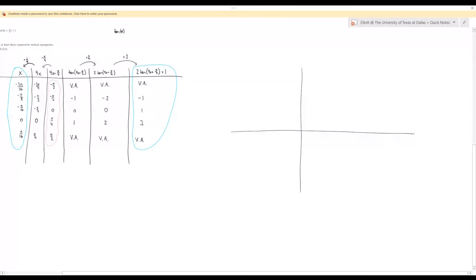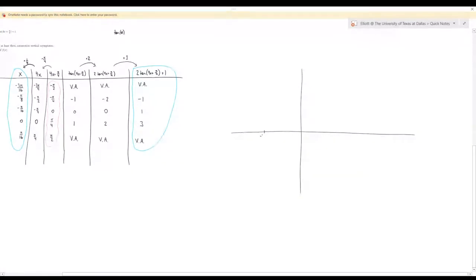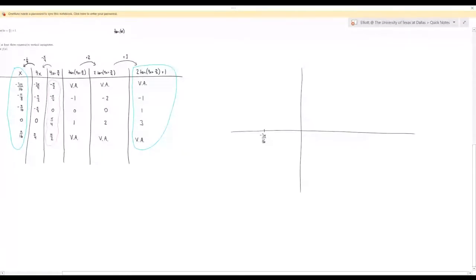Okay. So let's see here, at -3 pi over 16, which I'll just mark out here maybe, we're going to have a vertical asymptote. And then let's see, we've got a minus pi over 8.